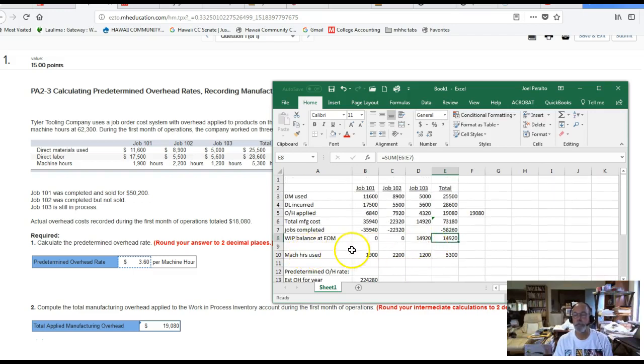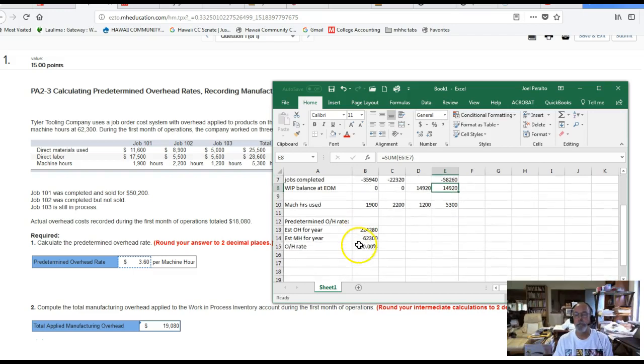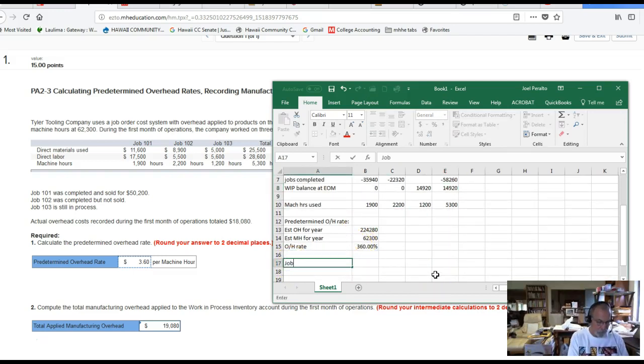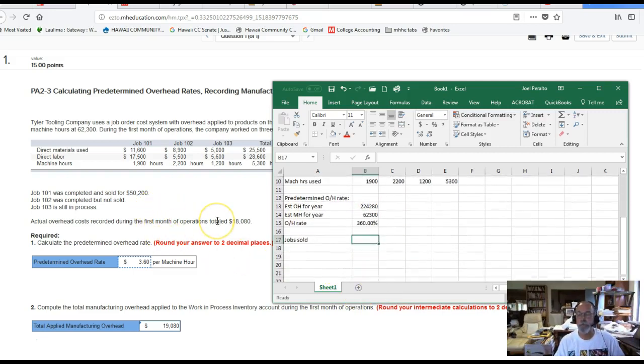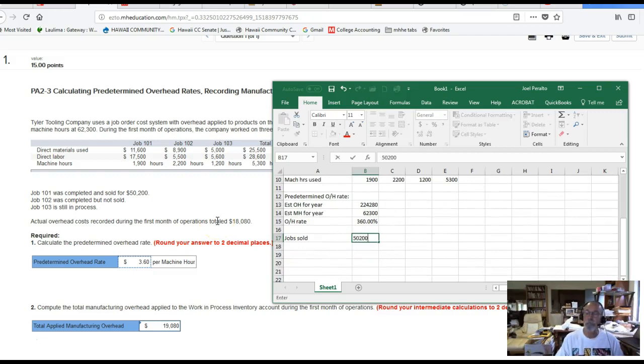Where should we fit that in? Why don't we put it down here? Job sold. And that was job 101, was sold for 50,200.